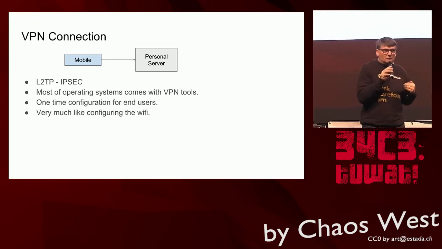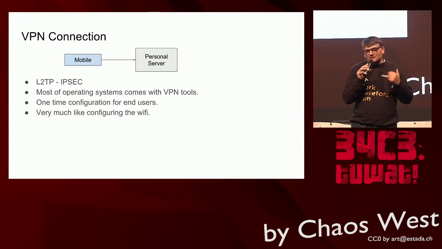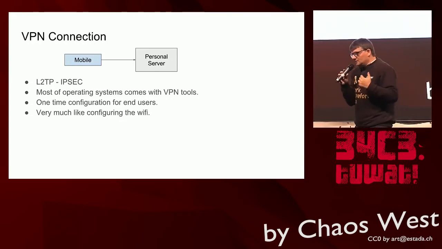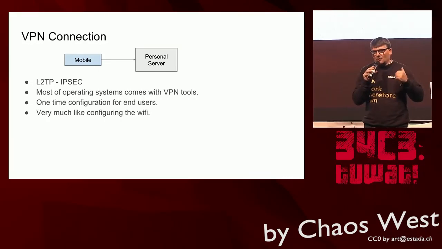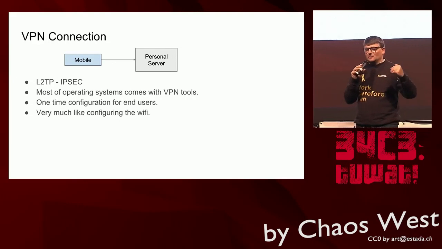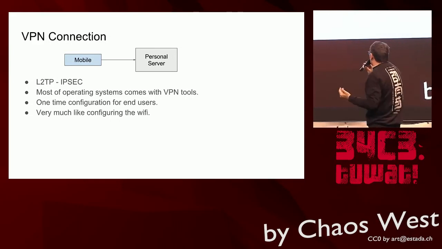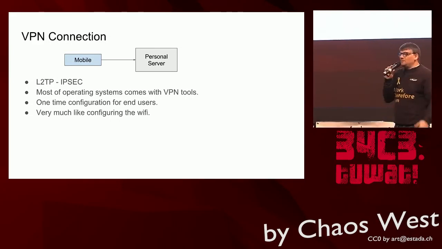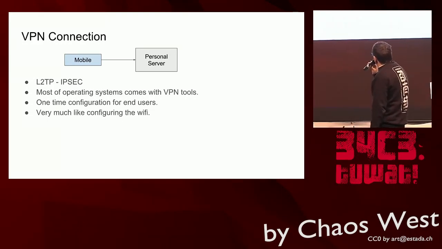You must think that most of the current operating systems already have the software in place where you can configure many different kinds of VPN tunnel with a specific server. So one possible solution could be to use L2TP over IPsec, or PPTP or any other. In this case, I'm using L2TP over IPsec.